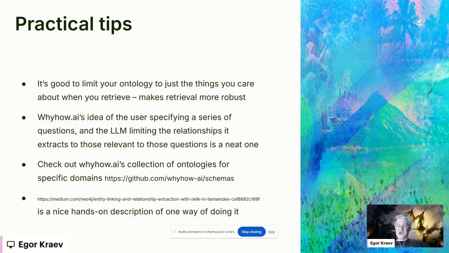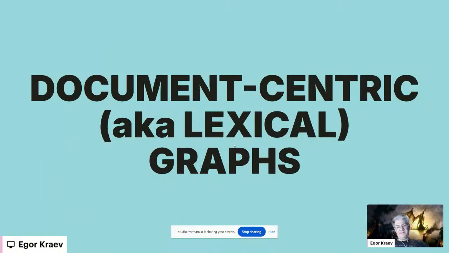And actually, How.ai is one of the two or three companies which specialize in knowledge graphs, and they also have some open source ready-made schemas for specific domains. And there's also a nice link here to a blog post where I just like how they break down the practicalities of extracting one.